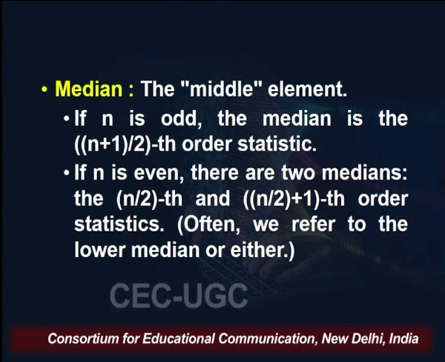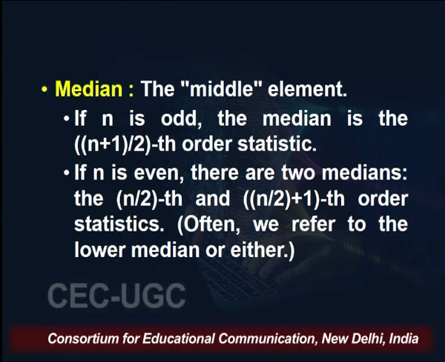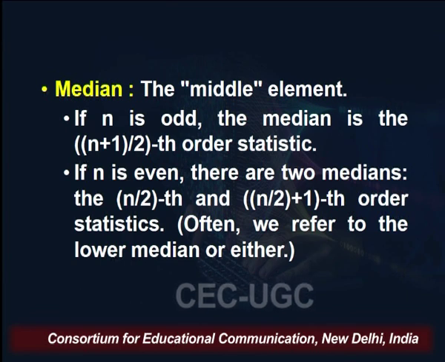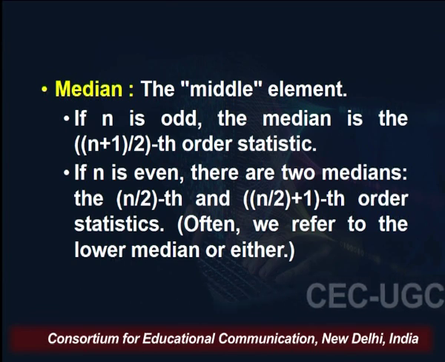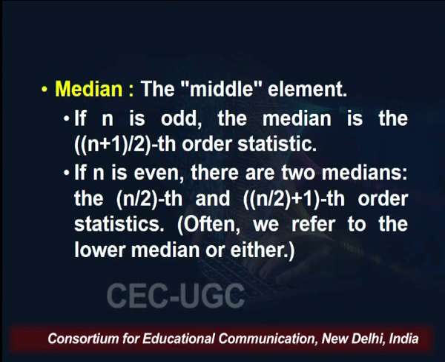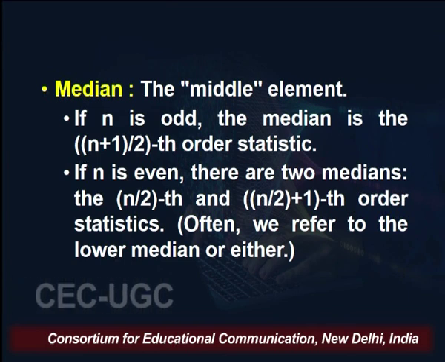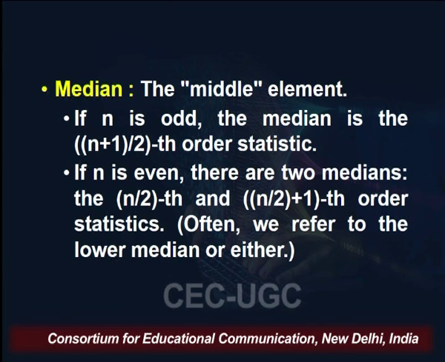For example, if the size of the array is 11, so n is 11, the 6th order statistic will be our median, which is (11 plus 1) divided by 2. So if n is odd, the median is the (n plus 1) divided by 2th order statistic.